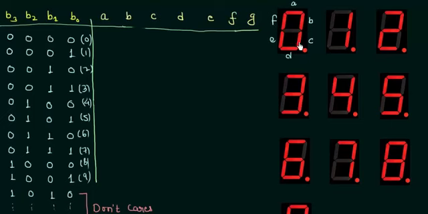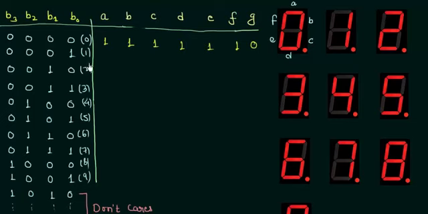The LEDs of these segments should be high to display the number 0. So we make them high: A is high, B is high, C, D, E, F are high, and G is low. So G is 0.